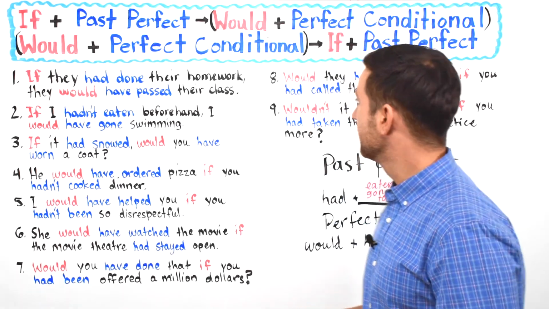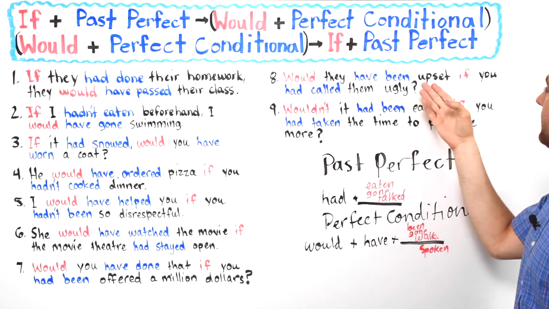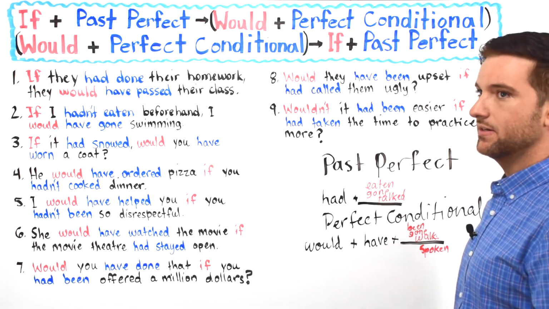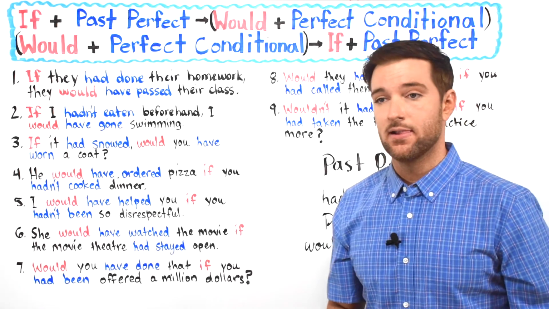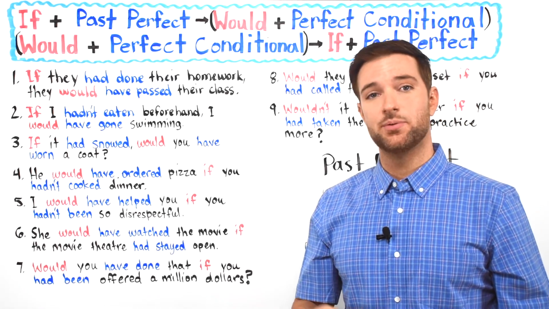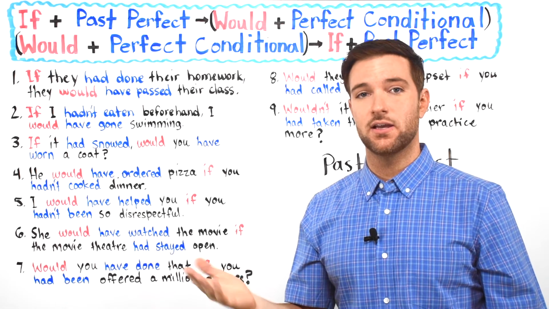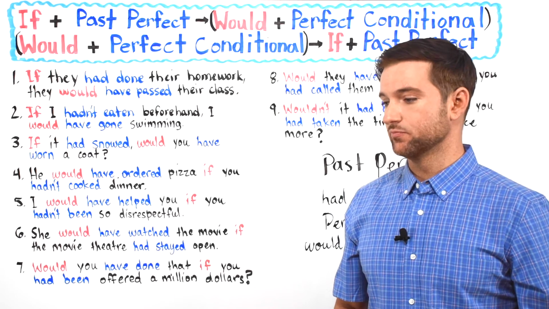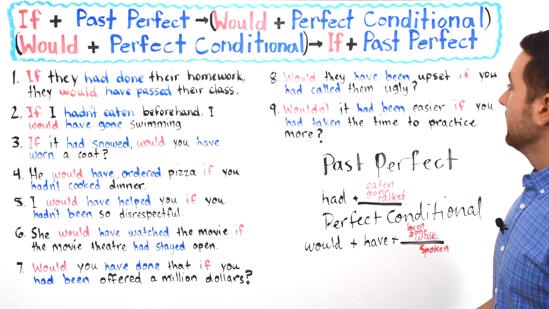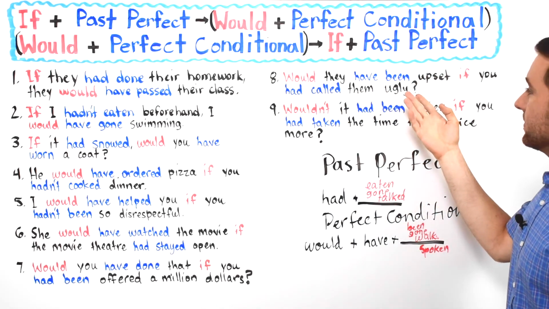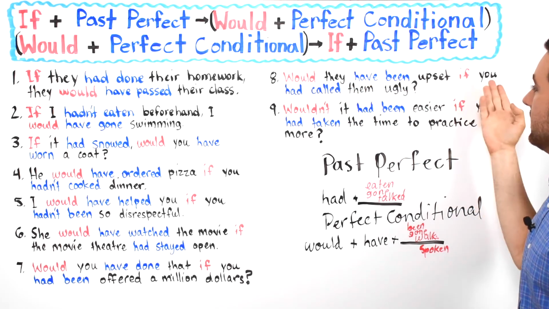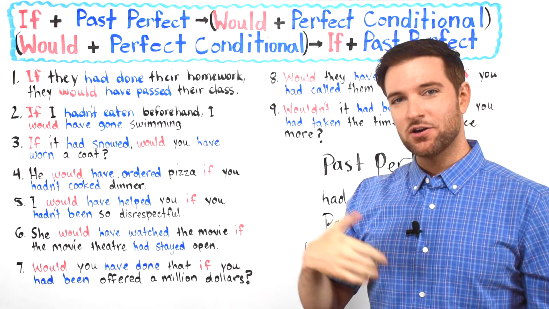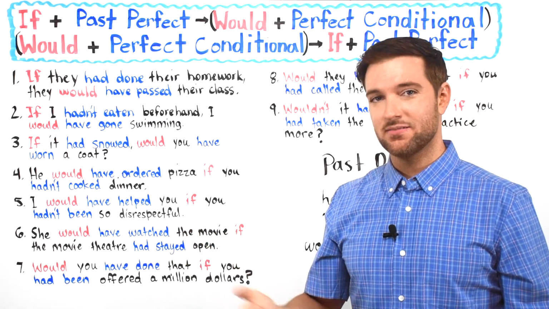Okay. Number 8, would they have been upset if you had called them ugly? So ugly is not a very nice word, to be honest, but it's the opposite of beautiful. So you have beautiful, right? And then you have ugly, right? So, for example, you're asking a question also in this case. Would they have been upset if you had called them ugly? So, do you think that if you call somebody ugly, they are going to be upset?